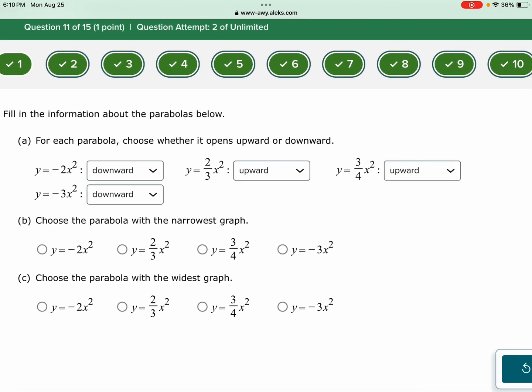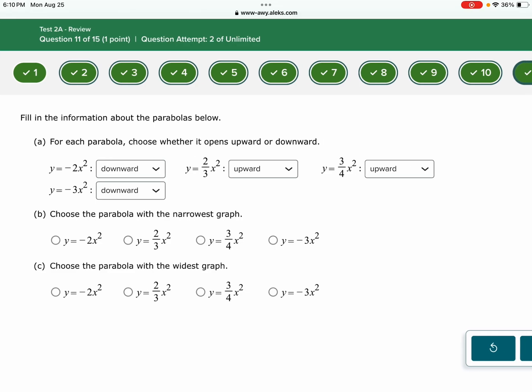For B, choose the parabola with the most narrow graph. The most narrow graph is definitely going to be the -3x squared, because ignoring whether it's negative or positive, the 3 is a larger stretch factor. It's a larger factor that you multiply the 1-3-5 rule with, so that one's going to be most narrow.